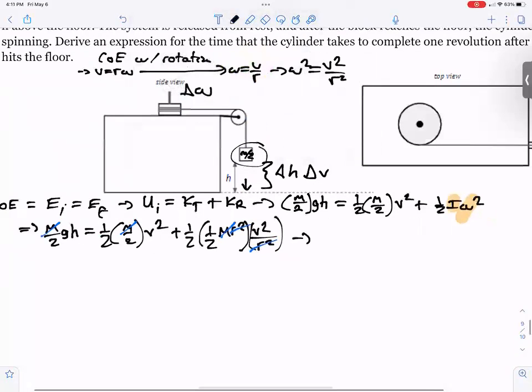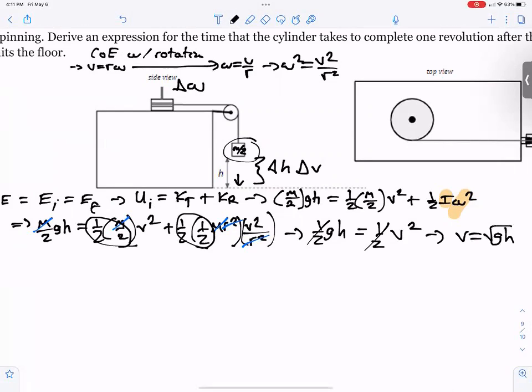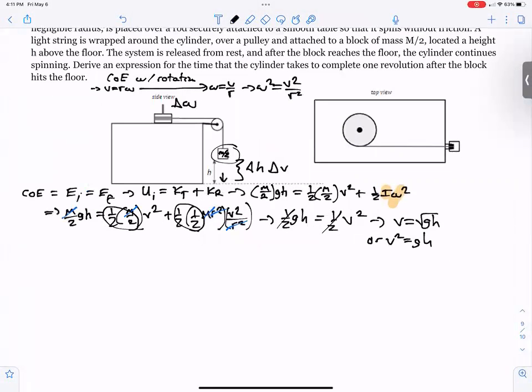So we are left with 1/2 gh equals 1/4 v squared plus 1/4 v squared. So 1/4 plus 1/4 is 1/2 v squared. You can see the 1/2s are going to cancel there too, and v is the square root of gh. Or we can say v squared is equal to gh.